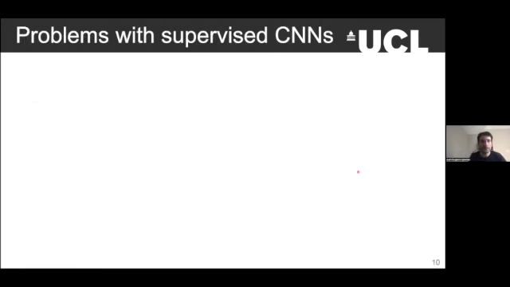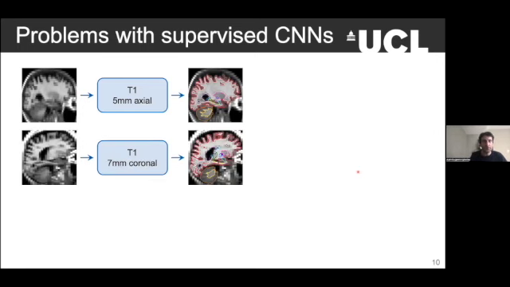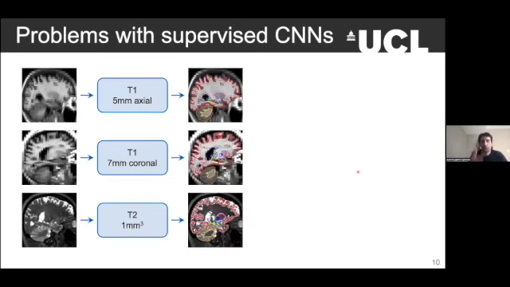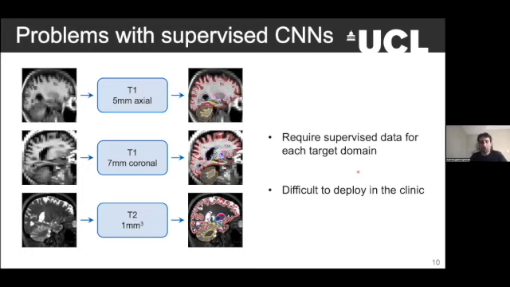Nobody is going to stop you from training different networks to do this. You can have as many networks as you want. The problem is that, first of all, you're going to require supervised labeled data for every target domain. And this is a nightmare to deploy, because how many networks can you have, right? And there's always going to be a slightly different acquisition in some study that is going to make your method fail.